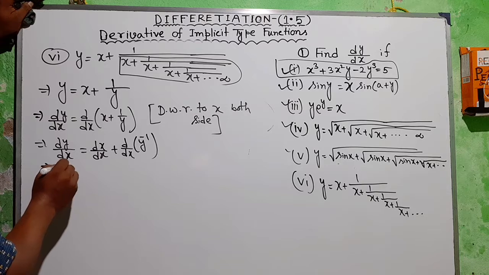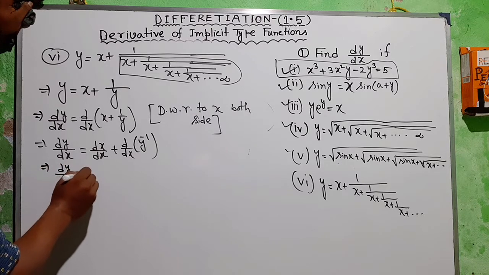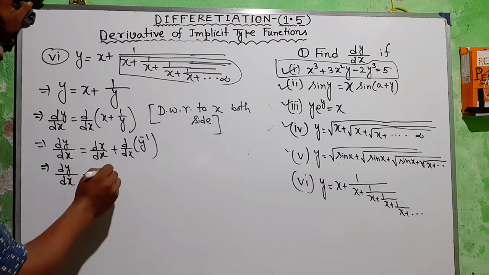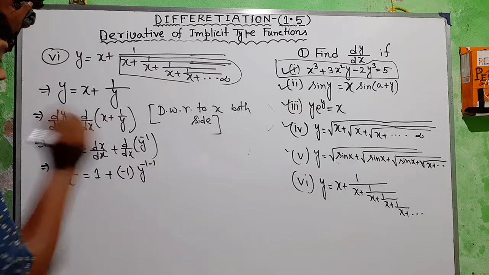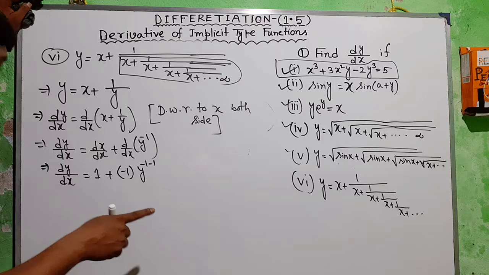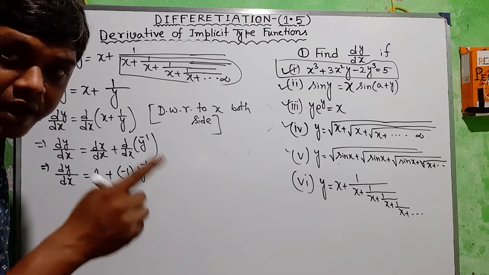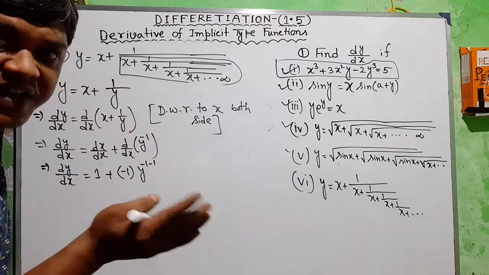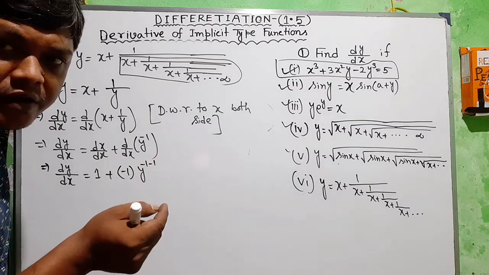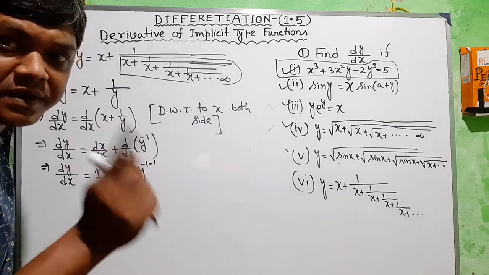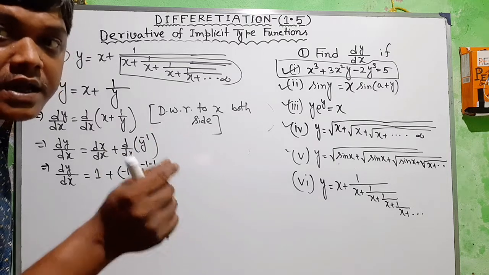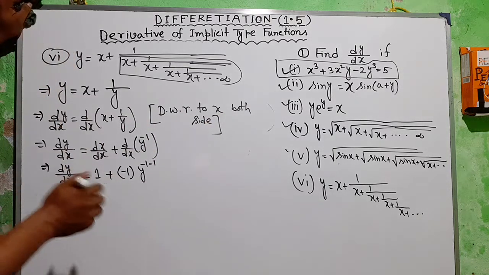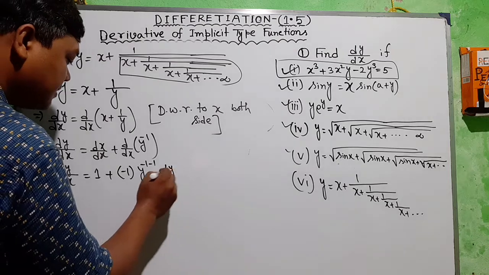So dy/dx equals 1 plus minus 1 into y to the power minus 1 minus 1, as the derivative of f(x) to the power n is n into f(x) to the power n minus 1 into d/dx of f(x), so into dy/dx.